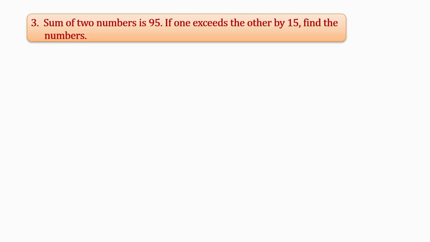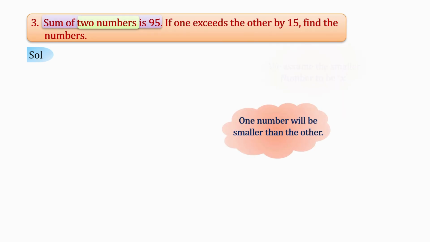Now another question. Sum of two numbers is 95. If one exceeds the other by 15, find the numbers. So here we need to find the numbers. So sum of two numbers is given. So we will assume the smaller number be x.